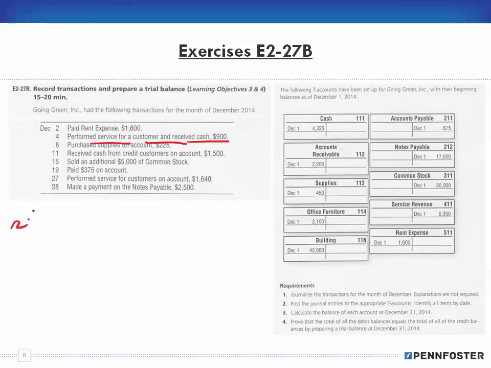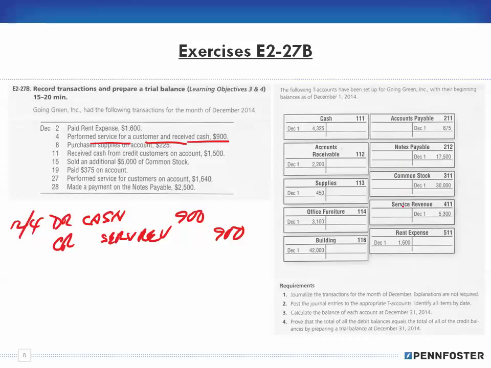So for 12/4, I'm receiving cash, so my cash increases, so I debit cash for 900, and that means I credit, and it's services performed for a customer, so that's service revenue for 900.